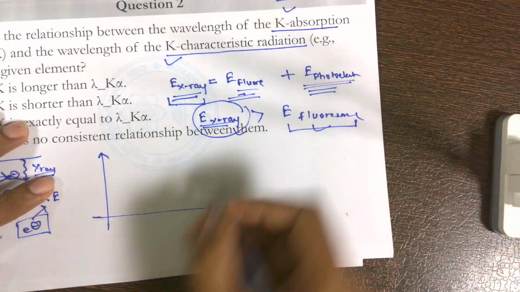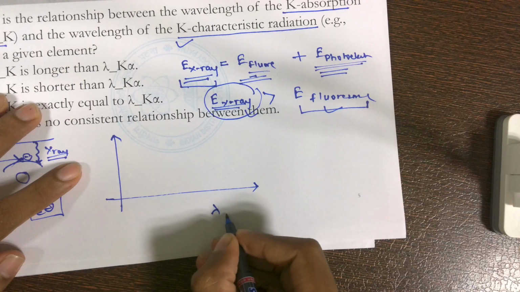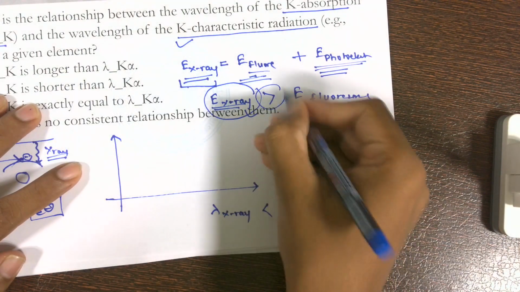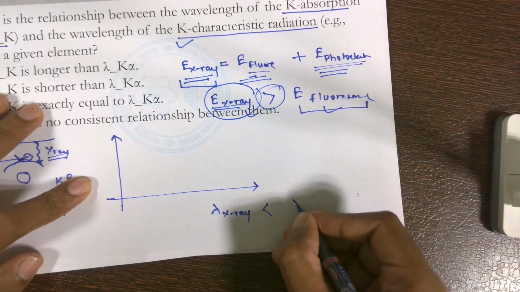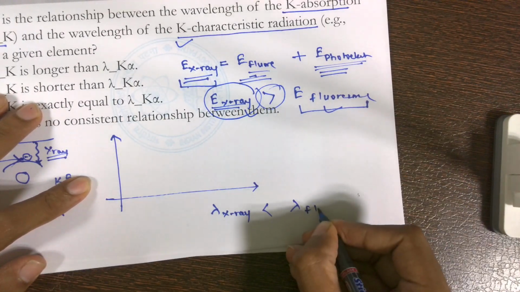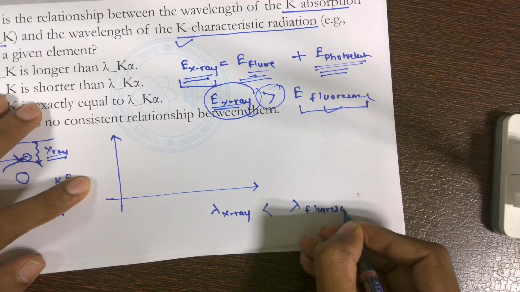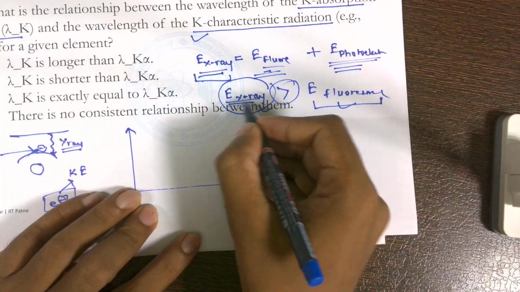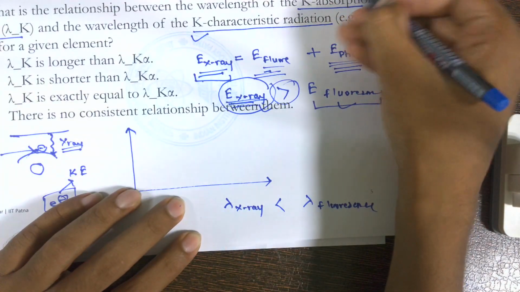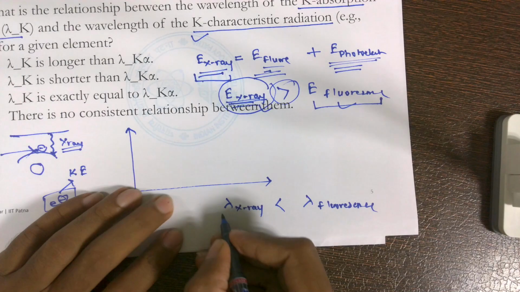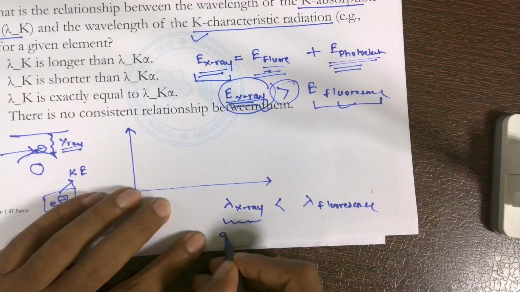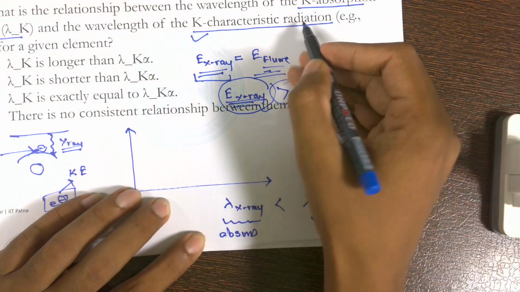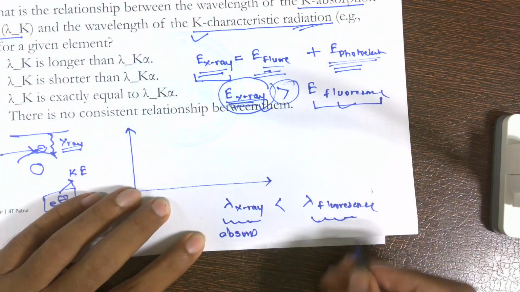So can I say that lambda X-ray will be lower, now the sign I will reverse, lower than the wavelength for the fluorescence phenomenon. Right. Now this is the amount of energy which is absorbed. That's why we are calling it the K absorption. So this is related with the absorption. And now this is the radiation part, which is related with the fluorescence.